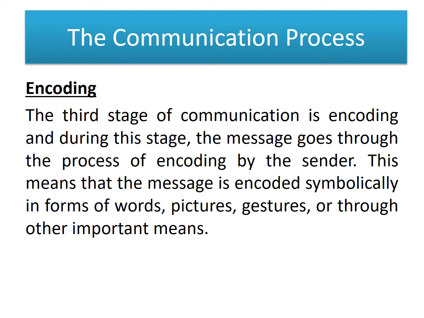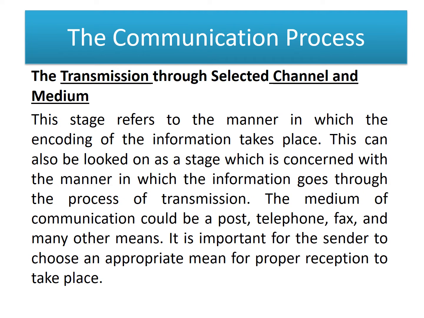Encoding is putting your message in something that can be perceived by the receiver. You could use words in either spoken or written form, or you could also convey your thoughts in the form of paintings or gestures, which is also called non-verbal communication.